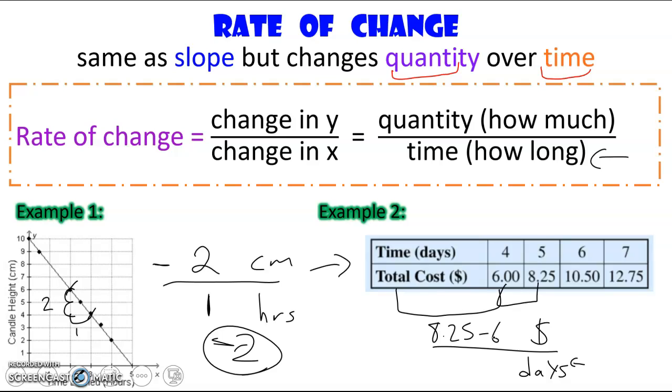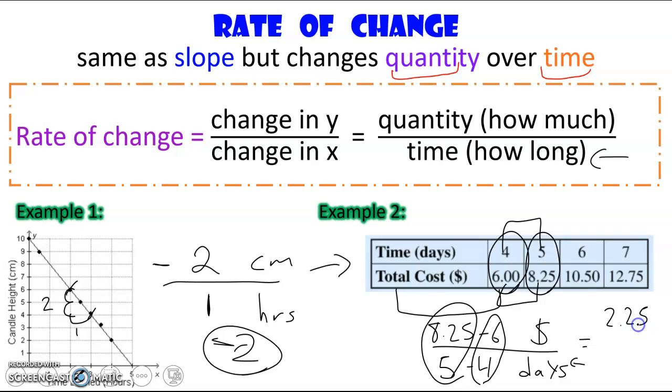And then on the bottom, we find the change from these right here, 5 minus 4. And again, these have to be in the same ordered pair. 6 and 4 go together. 5 and 8.25 go together. If I simplify that out, I'm going to get myself 2.25 over 1. And that's basically $2.25 over 1 day.